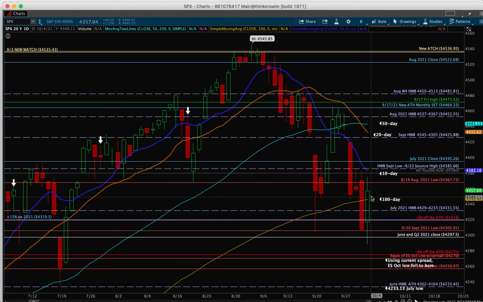If we come in and rally and fail against Friday's high, or only take a little look above it and fail with the 10-day simple moving average, that's a place to buy puts. If we come in with a gap up open on Monday and break out over the 10-day, that's obviously a long point, because we're rallying all the way up here towards the 20-day and the 50-day simple moving average.